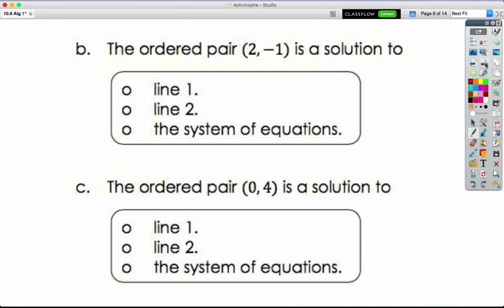So that is actually the solution to the system, because it is a solution to line 1 and it is a solution to line 2, and it specifically is the solution to the system of equations. So technically it is all three. But very importantly, I need you to understand that if it is a solution to both lines, it is a solution to the system. So we're going to check the ordered pair 0, 4 now.